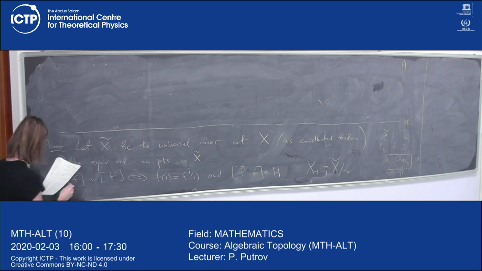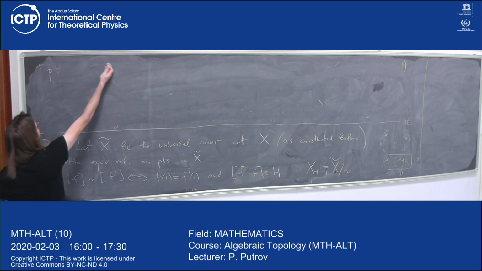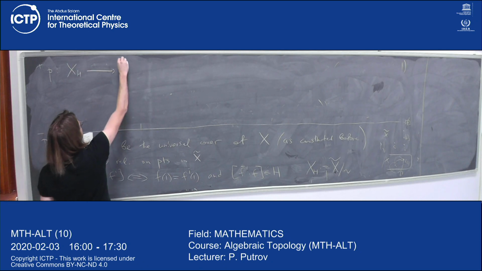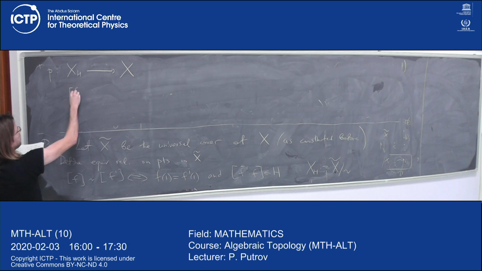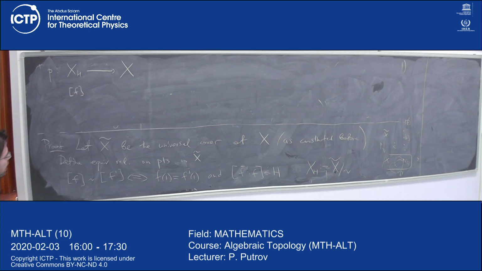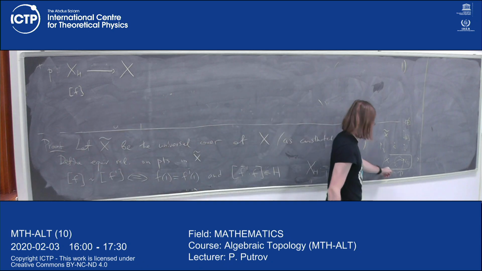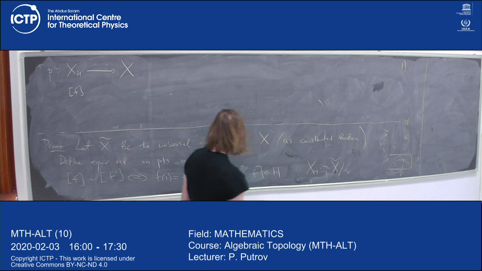So let me define the covering map as follows. The points in X tilde were classes of paths in X, but now I consider equivalence classes with respect to this new equivalence relation.